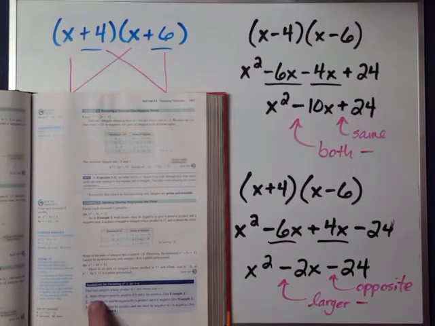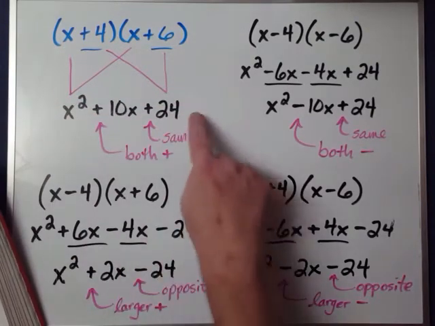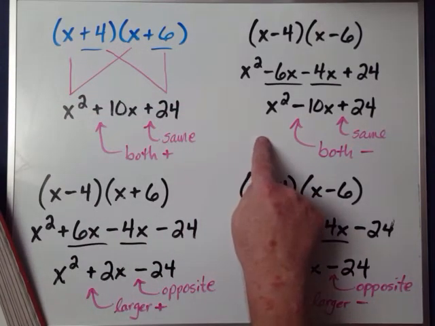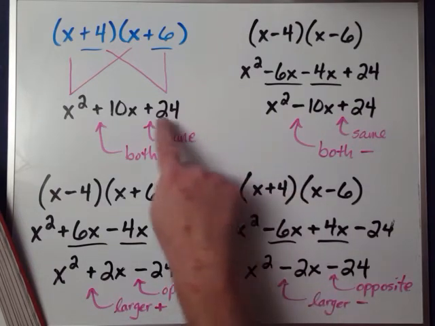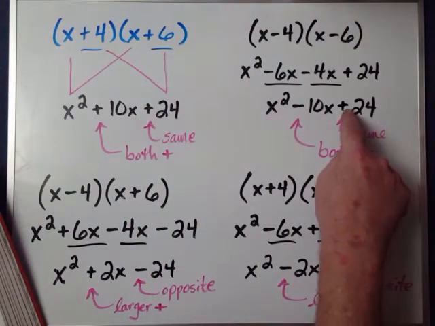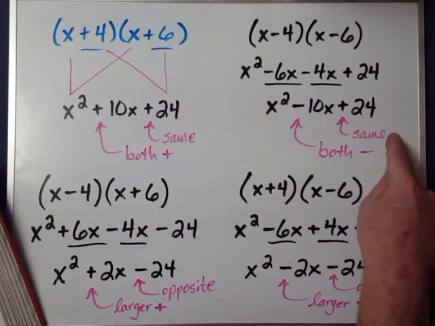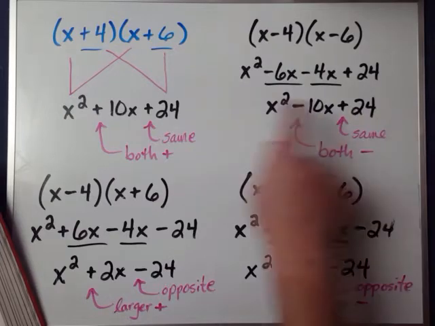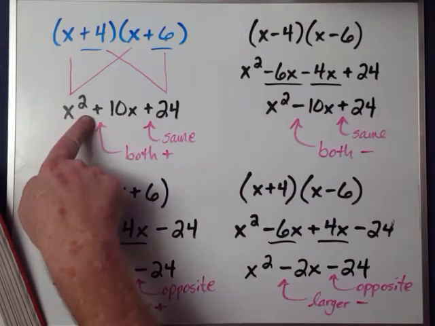It says, number 1, the two integers must be positive if b and c are positive. Number 2, both integers must be negative if c is positive and b is negative. That's a lot of words to say what I have here at the top of the board. If c is positive, that is, if my numeric term here is positive, then they will be of the same sign. In fact, right here, this says they'll both be positive.